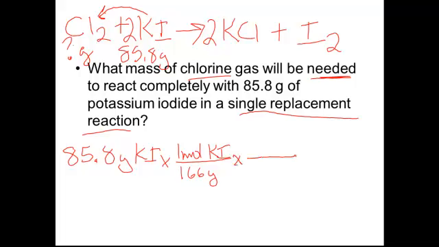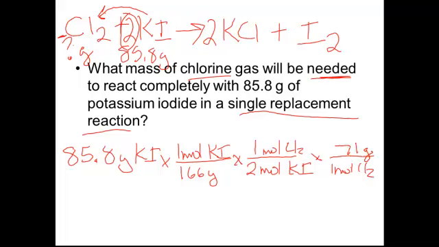And then from my balanced equation, 2 moles of KI, here's our 2 right there, are going to react with just our 1 mole of Cl2. And then 1 mole of Cl2, chlorine is 35.5. There's 2 of them. That makes 71 grams.